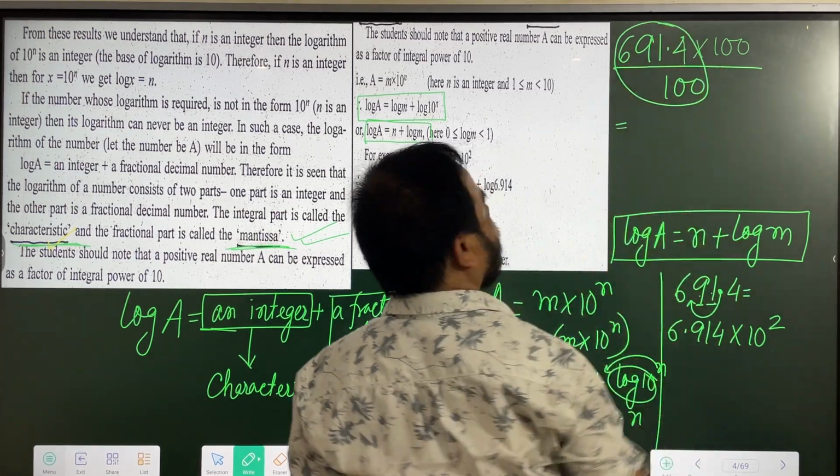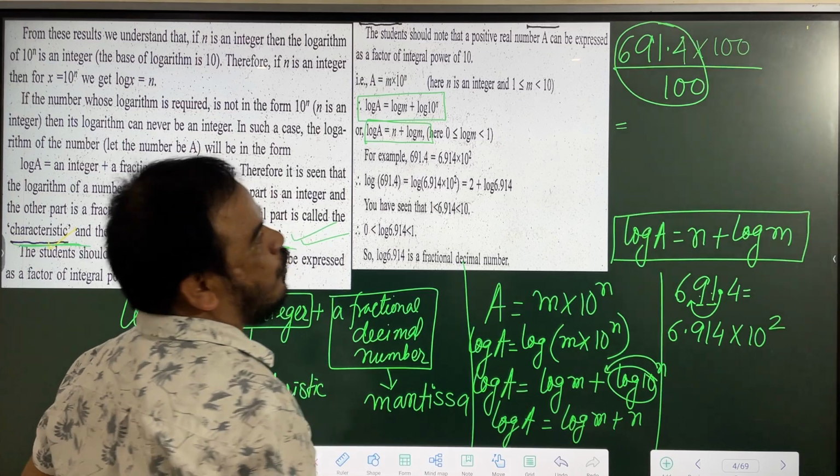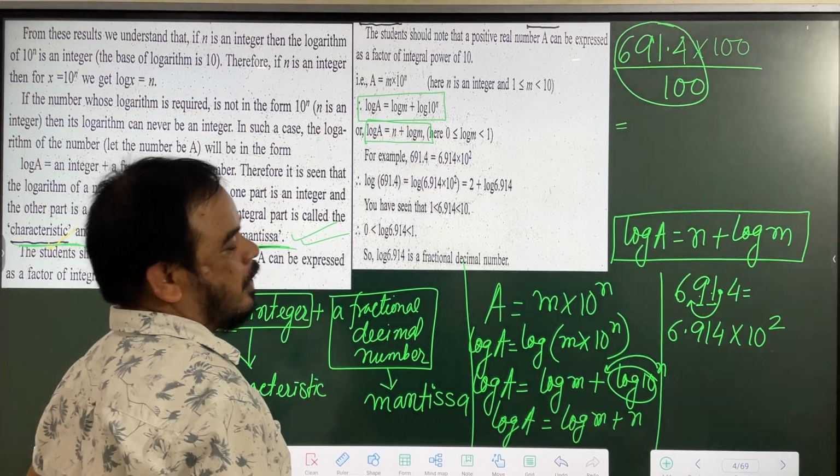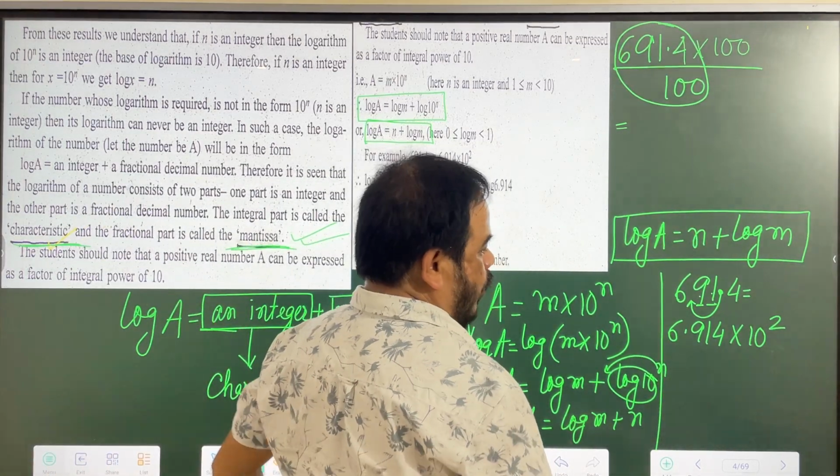Now 691.4 by 100, we will do this calculation. How will we do this calculation? I will show you here.